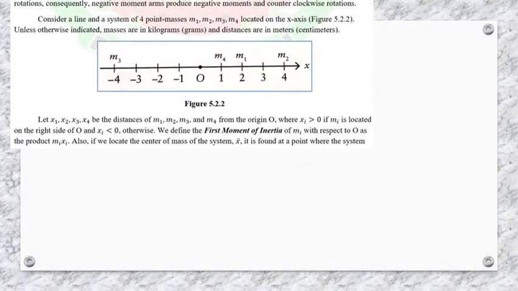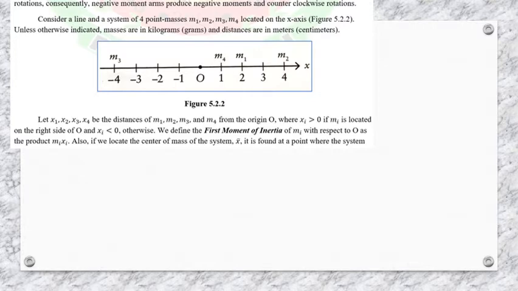Consequently, negative moment arms produce negative moments and counterclockwise rotations. So katulad lang sa orasan, pag counterclockwise, negative moments ang produce ng negative moment arms, and pag positive moment arms naman, produce positive moments, clockwise rotation.